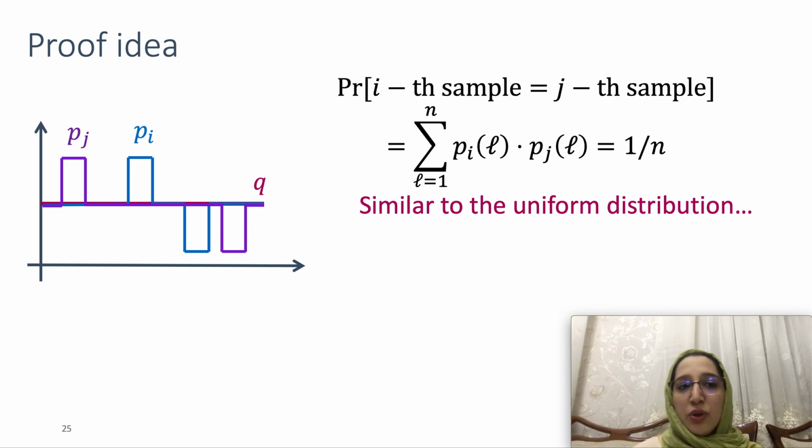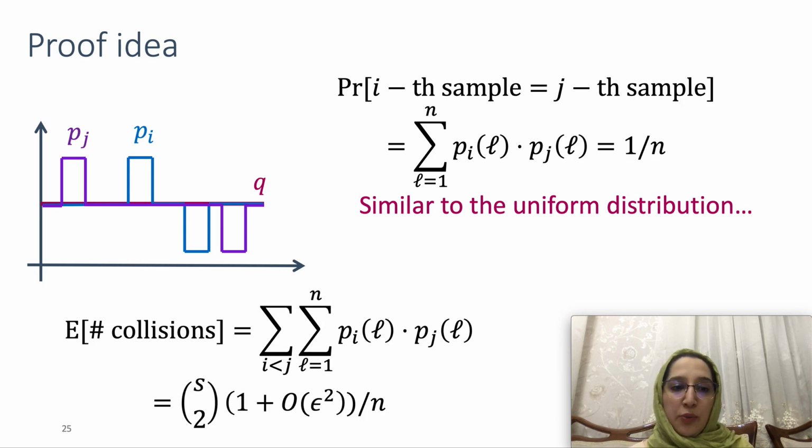So although in this case the collision probability between Pi and Pj is the same as for the uniform distribution, we will be able to show that it is not possible to come up with a set of disjoint subsets of the domain if we have too many sources.